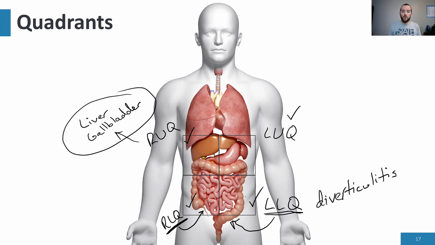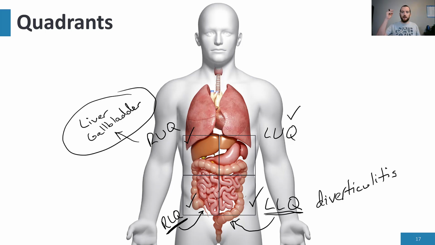Now, obviously, when we add in the reproductive system, especially on the females, we have the ovaries and the fallopian tubes. Those are right lower quadrant and left lower quadrant structures. So we have to reserve the possibility that maybe it's an ectopic pregnancy for a female of childbearing age, and they're having left lower quadrant pain, and it's not diverticulitis.